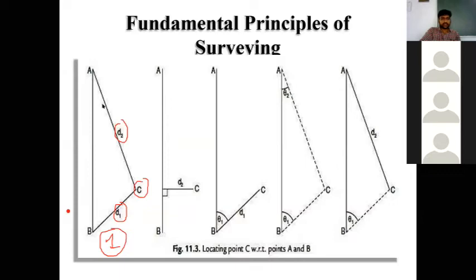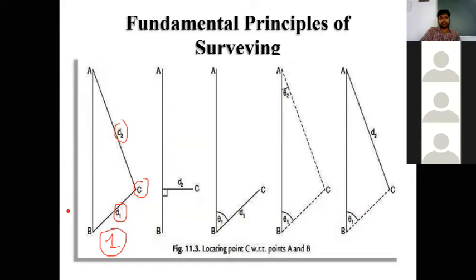Okay. So the given data are what? AB is given, D1 distance is given, D2 distance is given. Now here what we're going to do is, AB we're going to make a line by linear measurement.